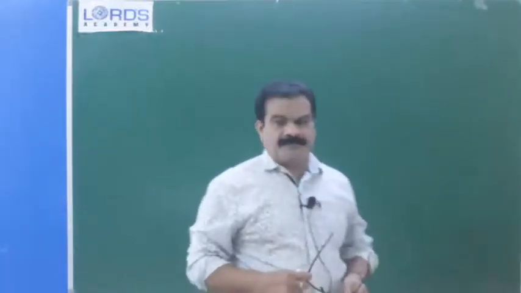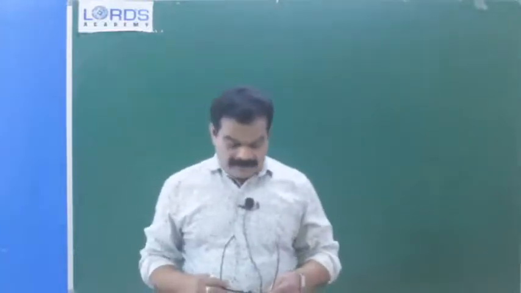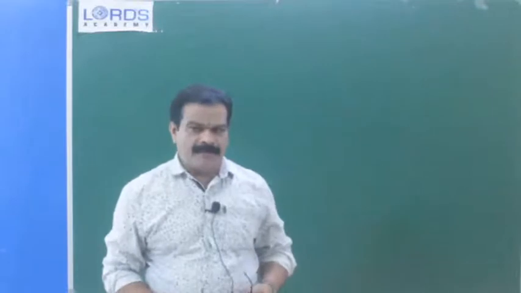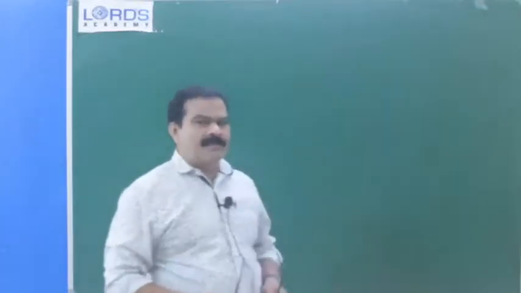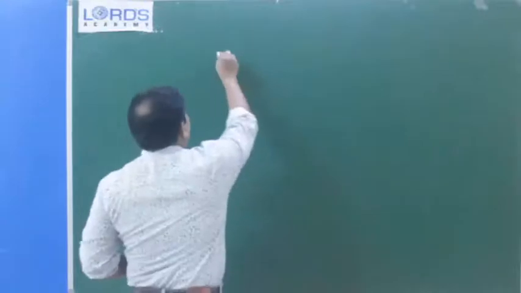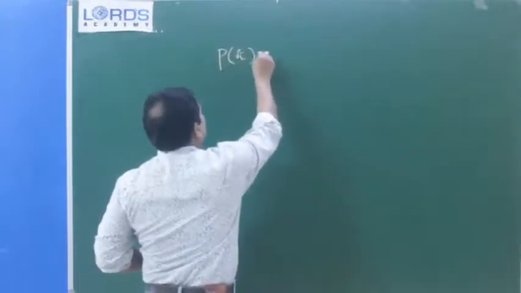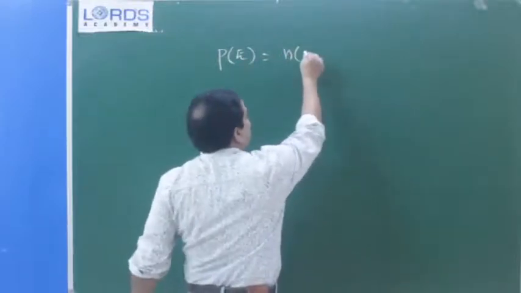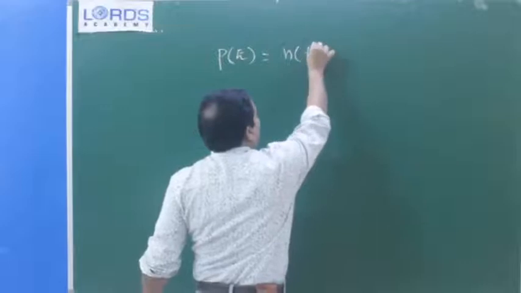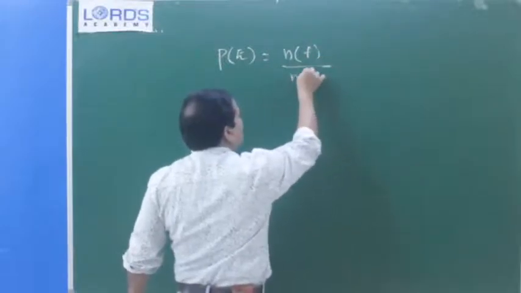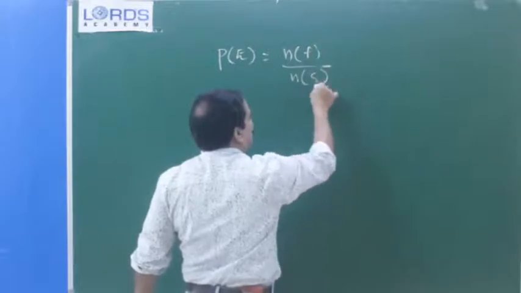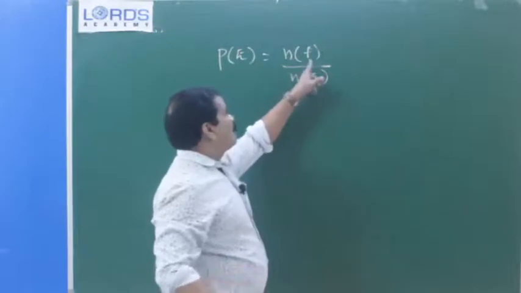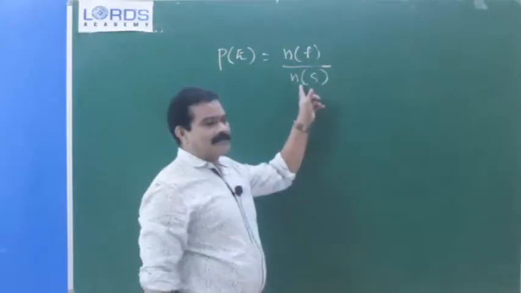Before you do this problem, you should have an idea about what you mean by a probability of an event. Probability of an event is equal to the number of favorable outcomes by total possible outcomes, that is n of S, the sample space.